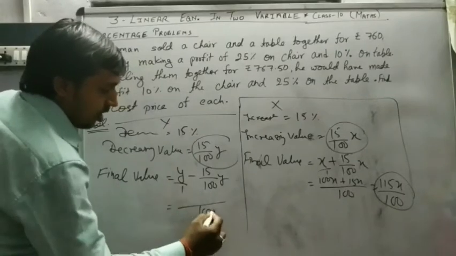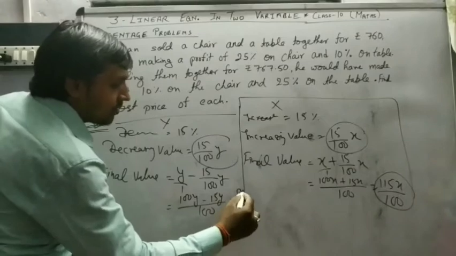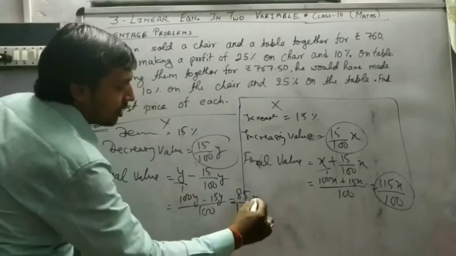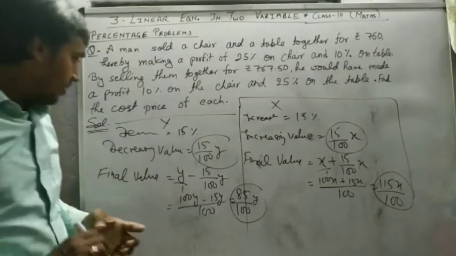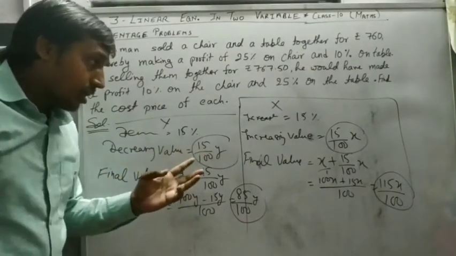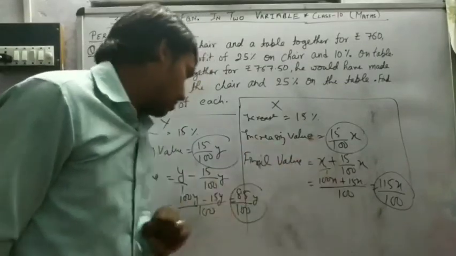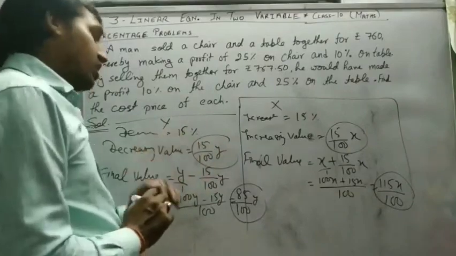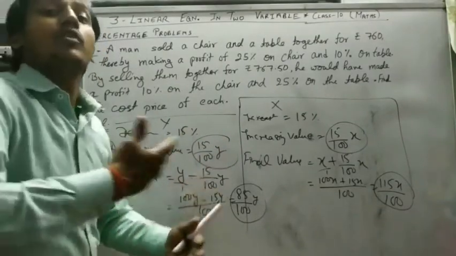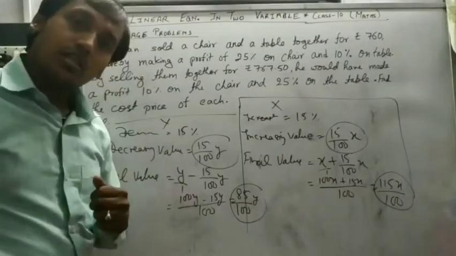Take the LCM: 100y minus 15y, that is 85 upon 100 y. You can simplify them, that is a secondary method. So for the final value, increasing is plus, decreasing is minus. Not only increasing or decreasing; if I say profit or loss, same: profit means plus, loss means minus.